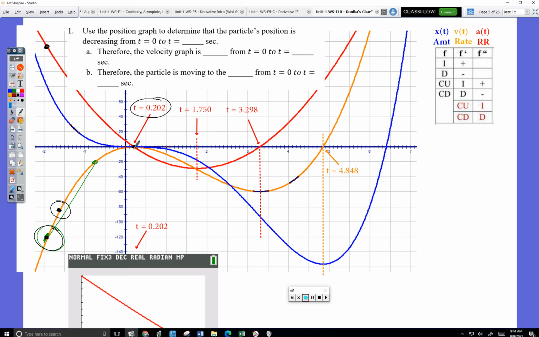Now, huge hint. If I am looking at position and I'm trying to understand position, then I'm focused on y coordinates. So I'm looking at the y coordinates of the blue, and I'm trying to understand what those y coordinates tell me.